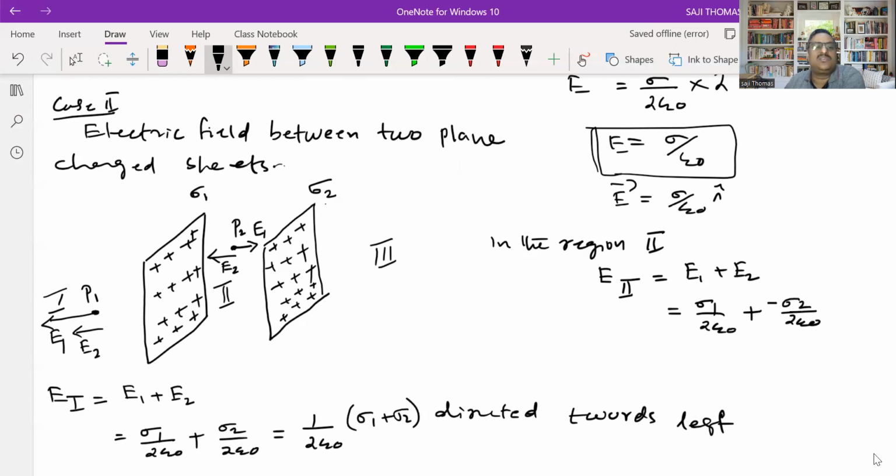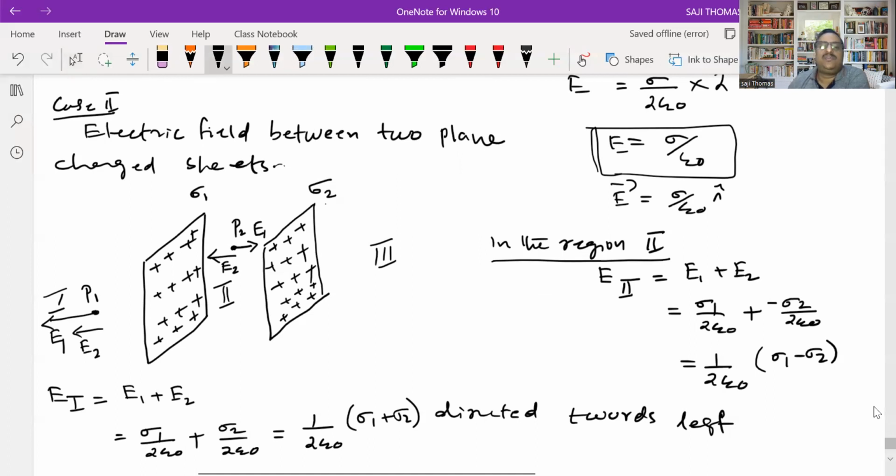Because it is directed towards left side. So we can write 1 by 2 epsilon 0 into sigma 1 minus sigma 2. What will be the direction? If sigma 1 is greater than sigma 2, it will be directed towards right side. If sigma 2 is greater than sigma 1, it will be directed towards left. So this is the field in region 2.